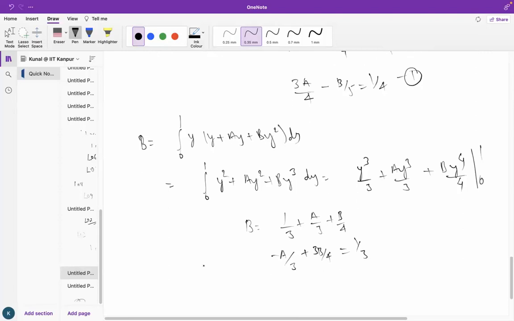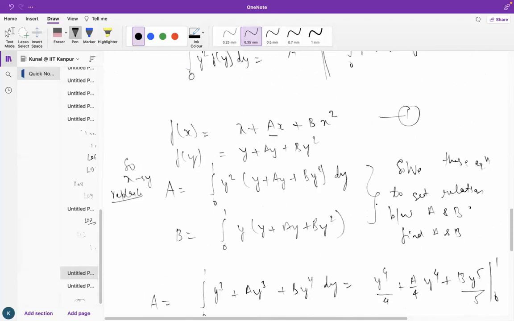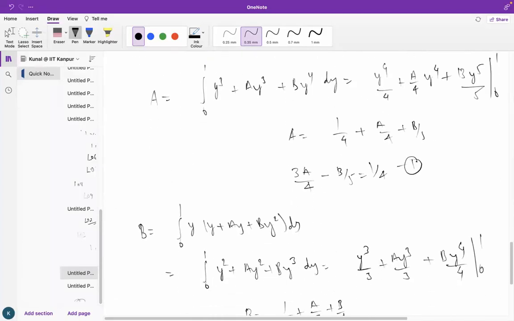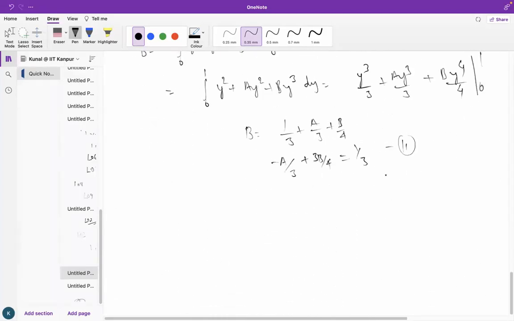Right? So from the above two equations, let me take this as equation number 2 and this as equation number 3.